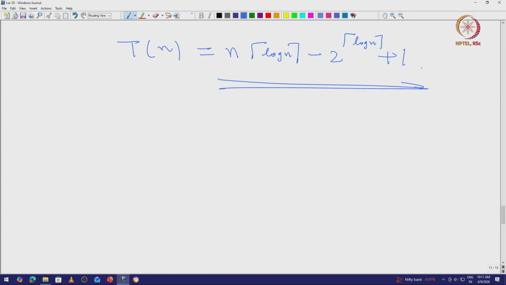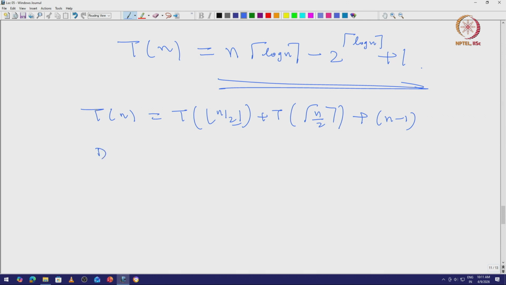Earlier it was hopeless. When we had T of n as T of floor n by 2 plus T of ceil n by 2 plus n minus 1, we had absolutely no hope. But we found out d of n, which is equal to T of n minus T of n minus 1, and this we found to be ceil log n.